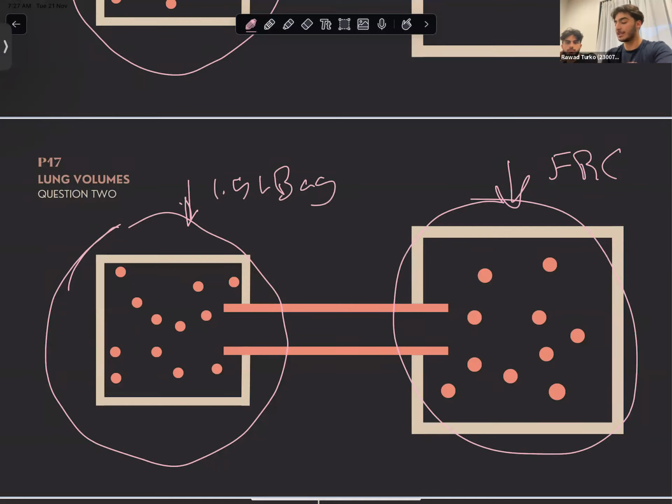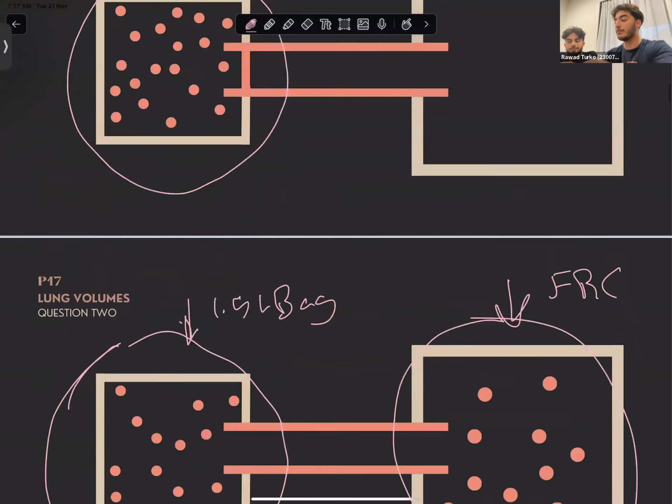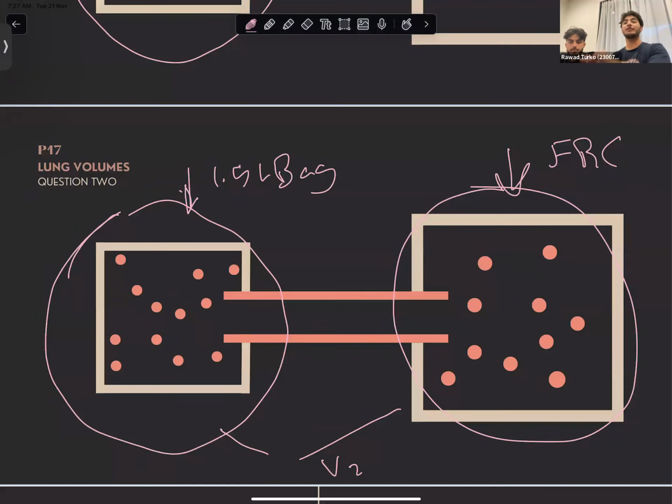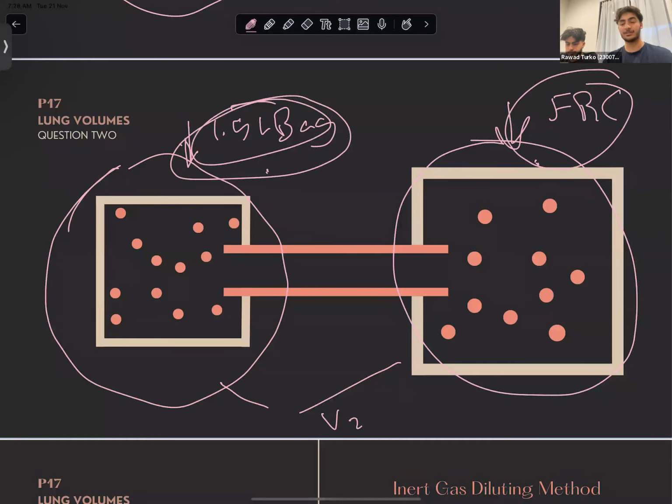Both of these together become V2. This was V1 here, just the 1.5 liter bag. Both compartments together become V2 because the gas is in both compartments. But you're trying to get this and not this. So in the end, when you find V2, you subtract this volume from it to get just the FRC instead of both of them together. Does that make sense?